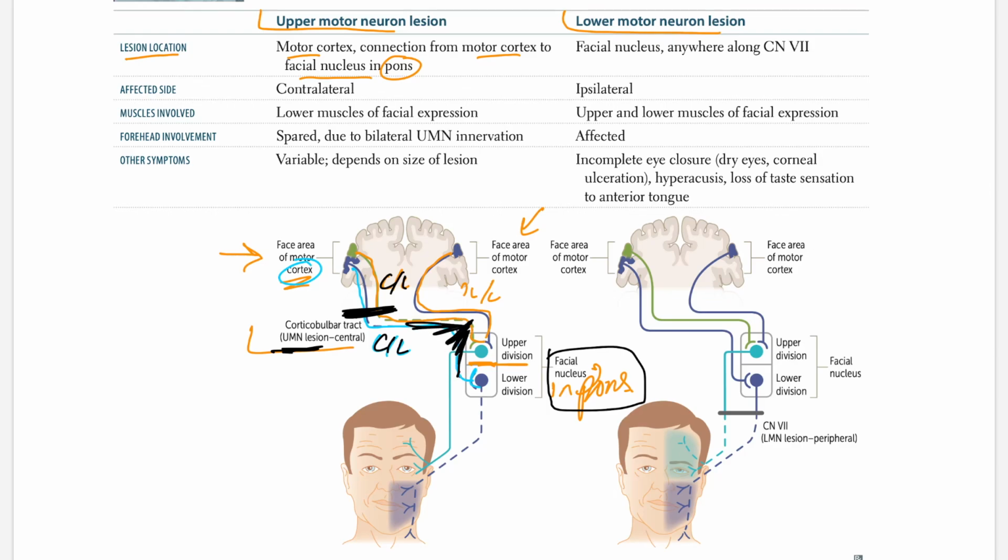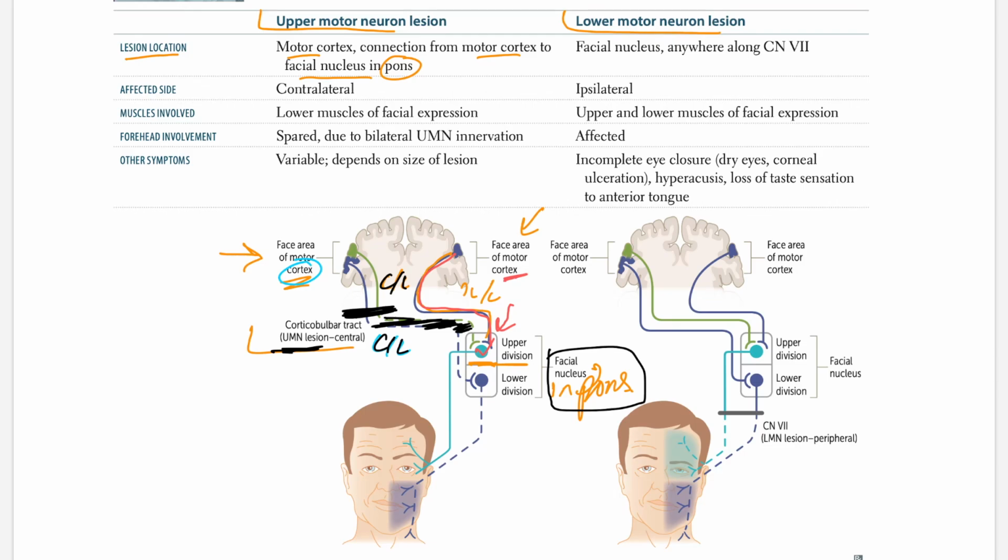But guess what? Even if you knock out your contralateral supply to all of this area, you still have supply from the ipsilateral side of the cortex to the upper division. And all you're losing is just the lower division. Wait, let me go back here. So you still have a supply of your upper division. It is intact.